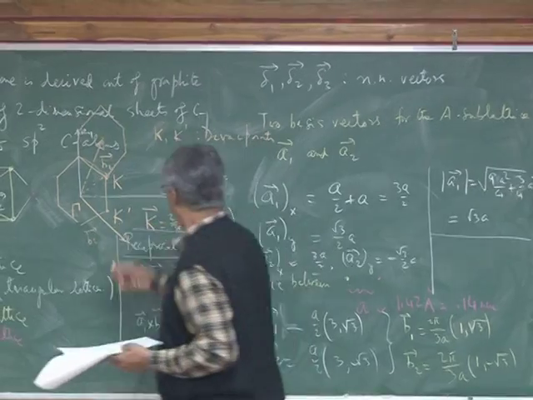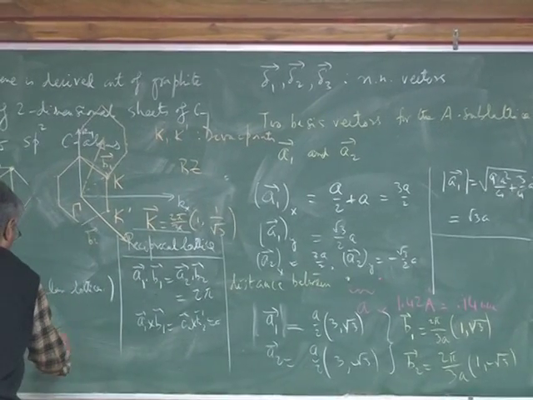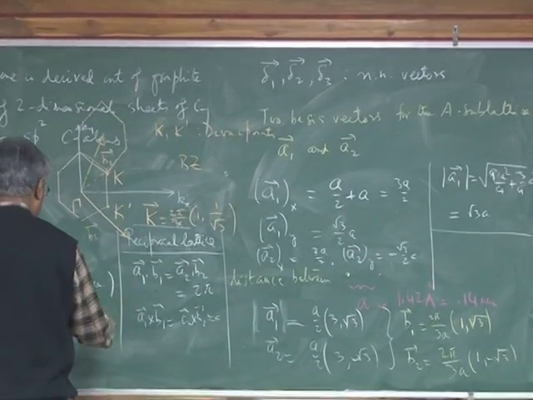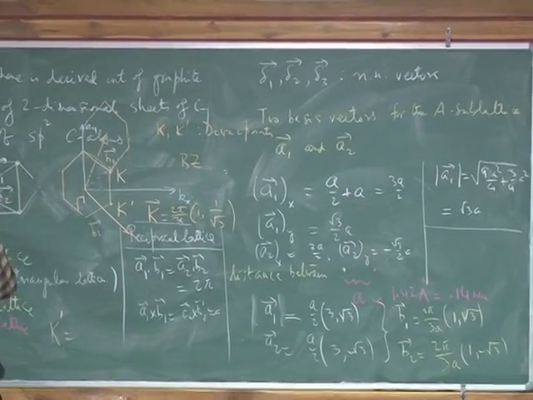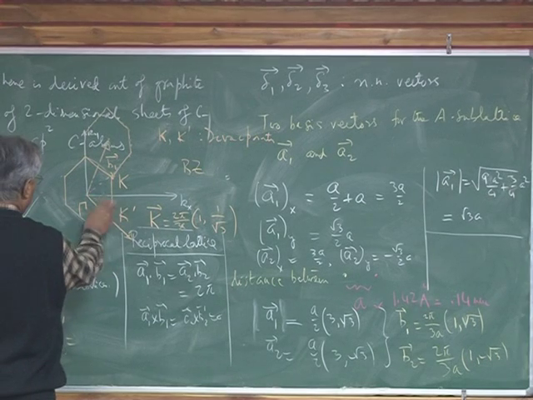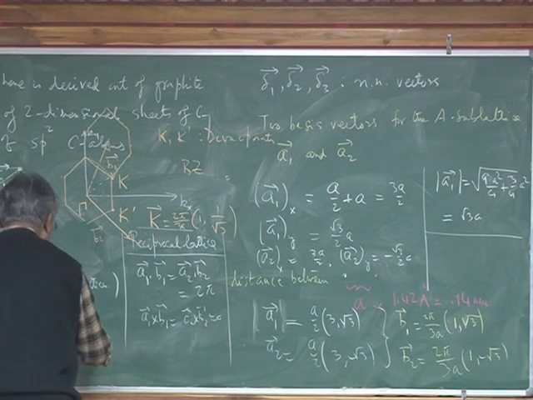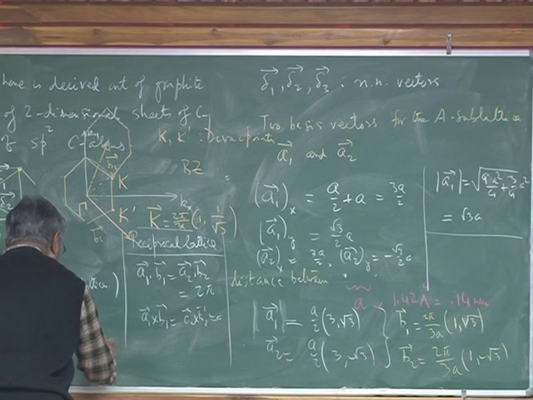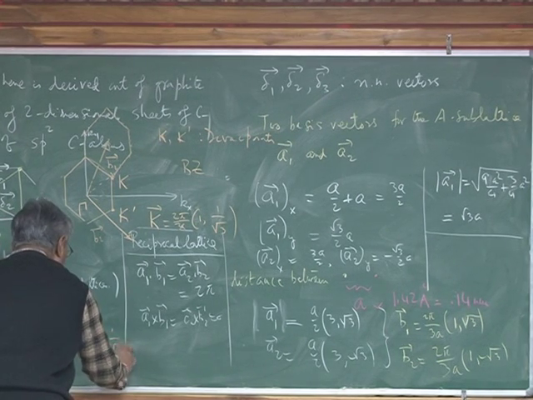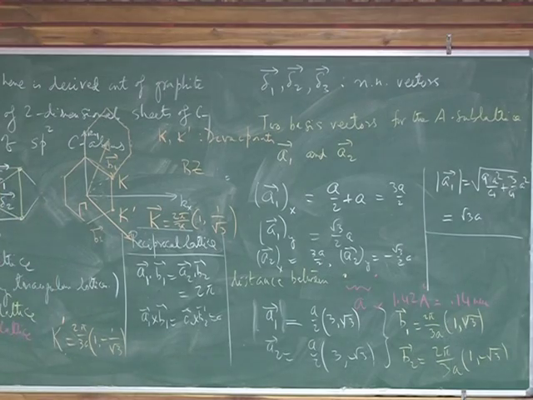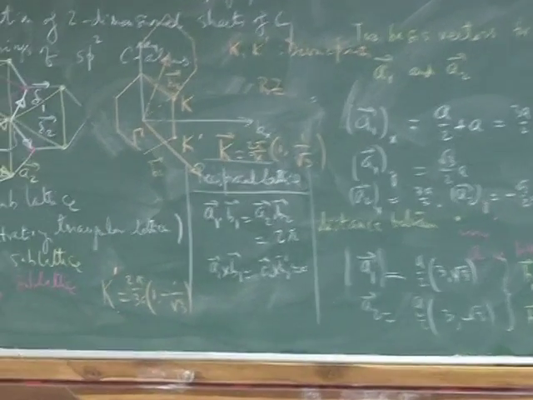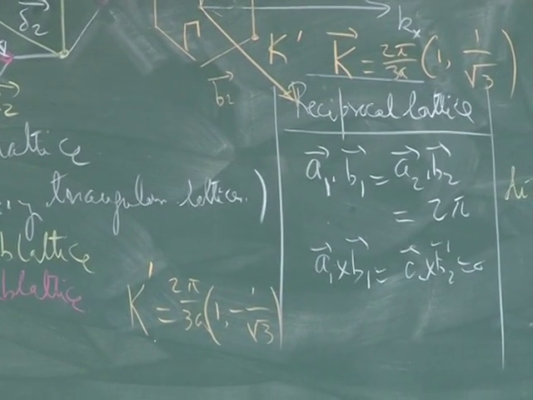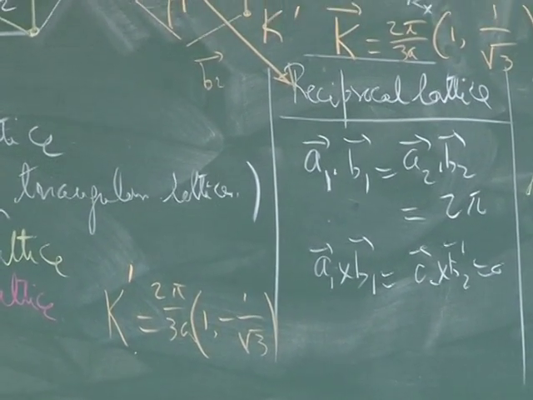Similarly, for the K prime point, as you can see, its X component is identical to the X component of the K vector, and that's simply 2π/3a, 1 minus, but the Y component is just negative.